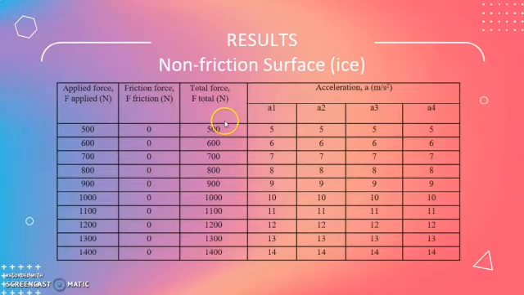When the total force is 500 Newton, the acceleration will be 5, and when the total force is 600, the acceleration will be 6. As you can see here, the pattern is increasing. As the total force increases, the acceleration increases too.